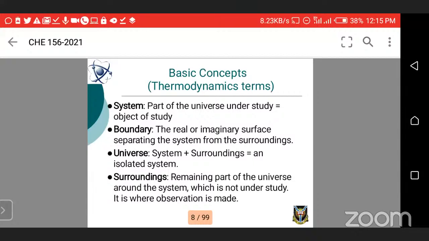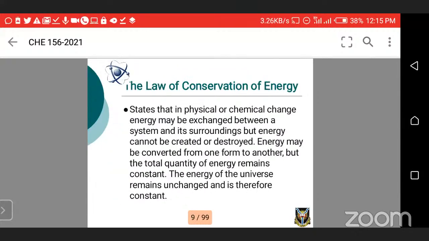Of energy, what we say is that the total energy of an isolated system is constant. It states that in a physical or chemical change, energy may be exchanged between a system and its surroundings, but energy cannot be created or destroyed.